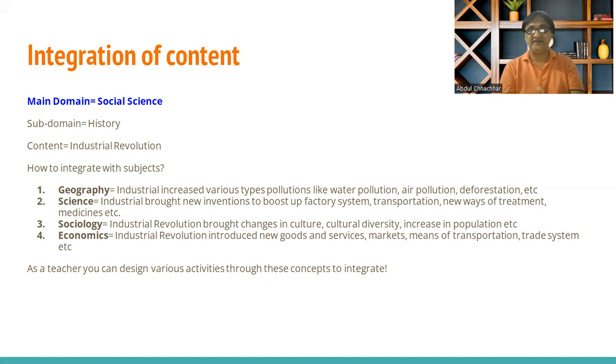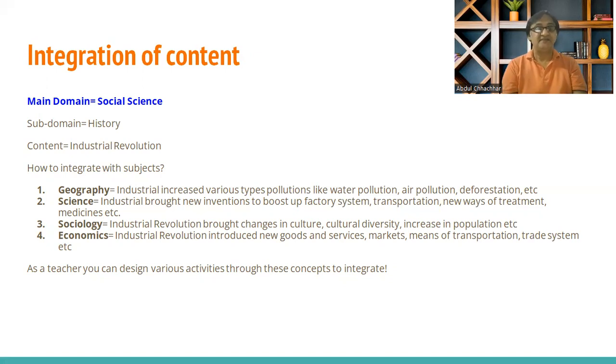Similarly in science, the industrial revolution brought new inventions that boosted the factory system, transportation, and new ways of treatment and medicine. Again, you can give them this type of theme that they can correlate with science. They can use technical skills and give you the proper development and the impact of these developments on their lives.